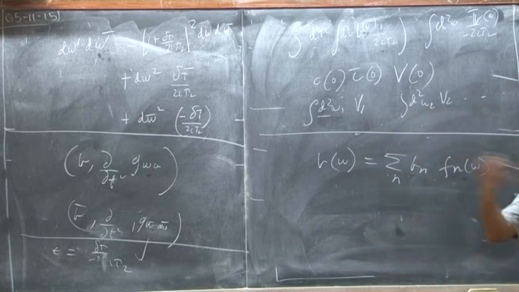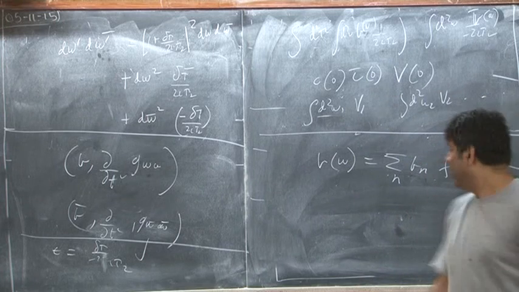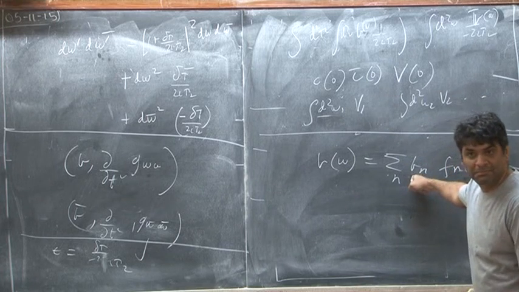When we do the path integral over B, we're doing the path integral over each of these Bn modes.